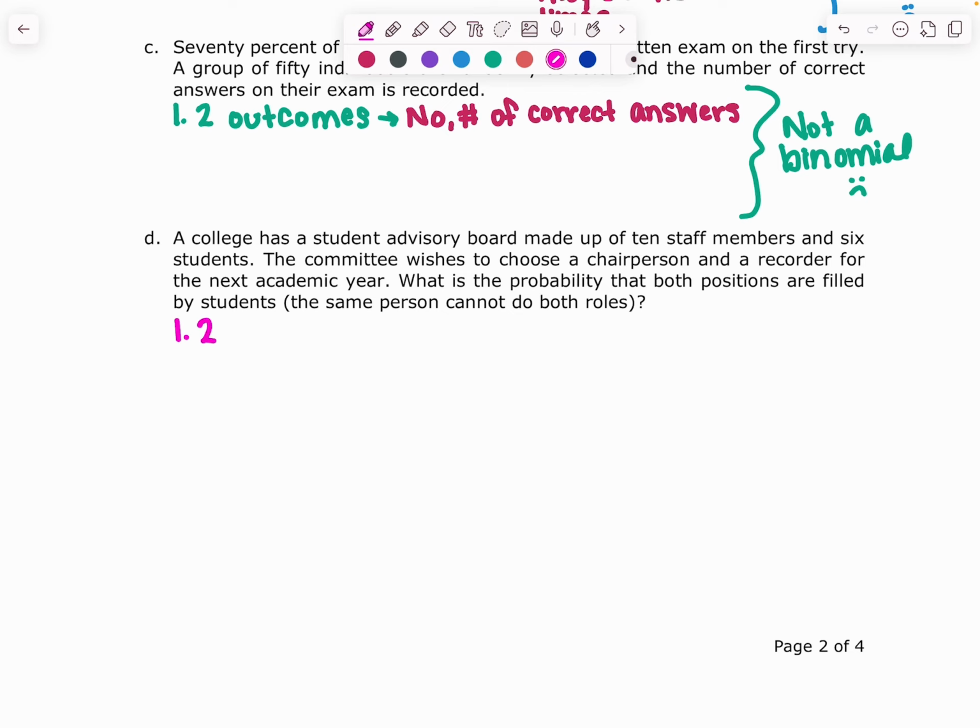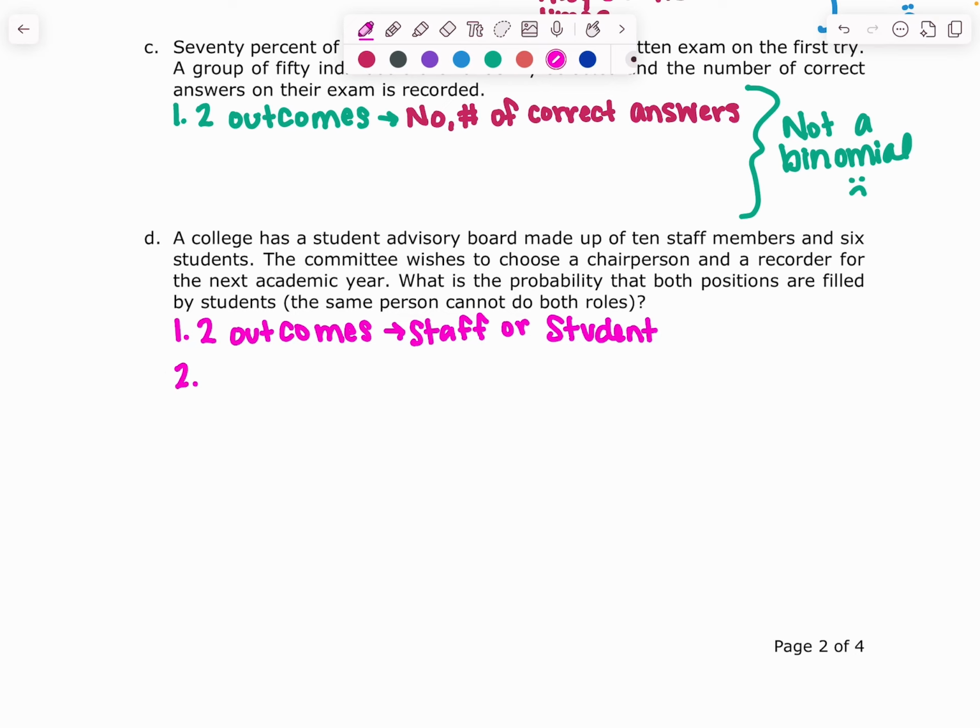So first thing, do we have two outcomes? Yes, there are two positions, and we could fill them with either a staff member or a student. So those are the two outcomes, staff or student. And the one we're interested in is student. That's our success. A staff member is a failure.